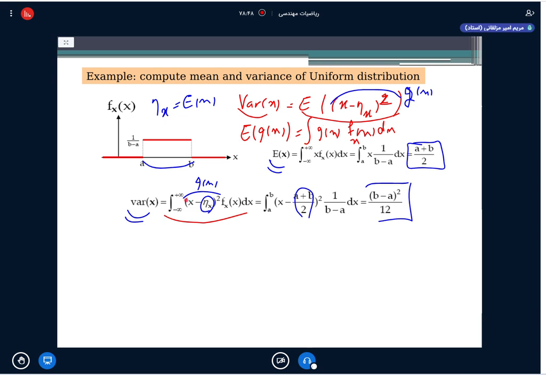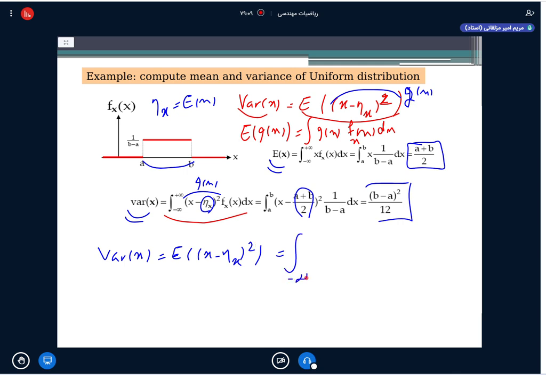To compute the variance of x, we know that the variance of x is equal to this. So to compute the expectation of g(x), (x minus eta x) to the power of 2 is our g(x) here.